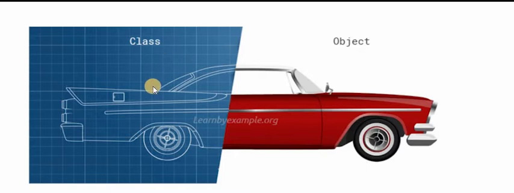In the class, there is only a shape, a blueprint or template. An empty template means it's a class. If you talk about the objects, you can see they are in colors. That car is in red color and it has wheels and all the colors. That's an object.